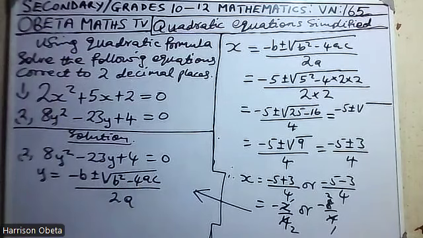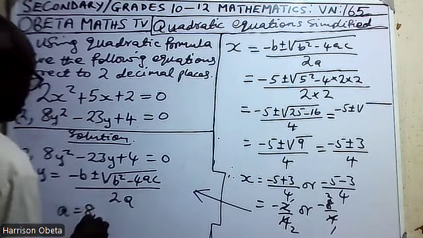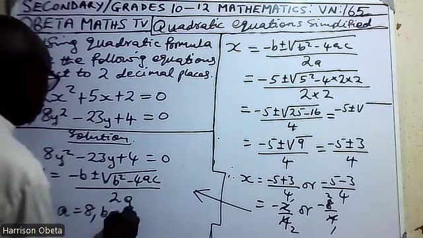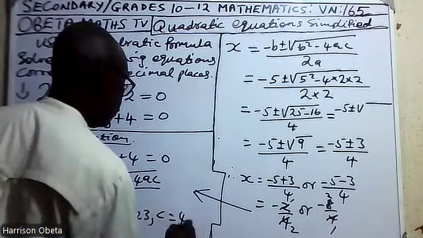So you substitute: a is 8, our b is minus 23, and our c is equal to 4.